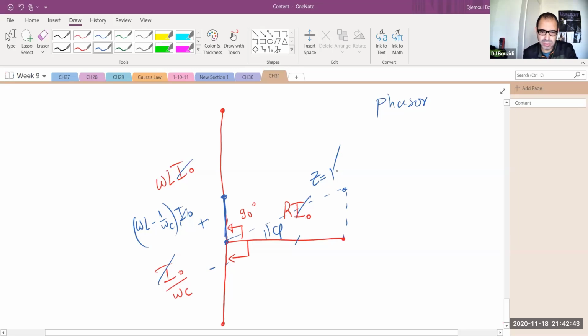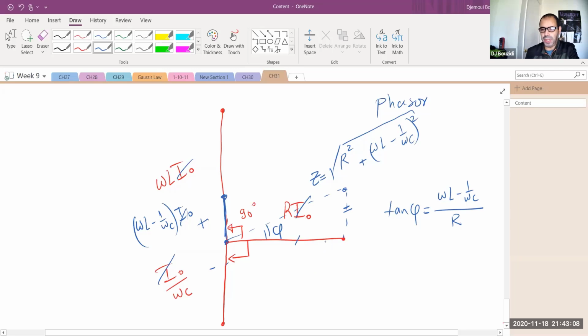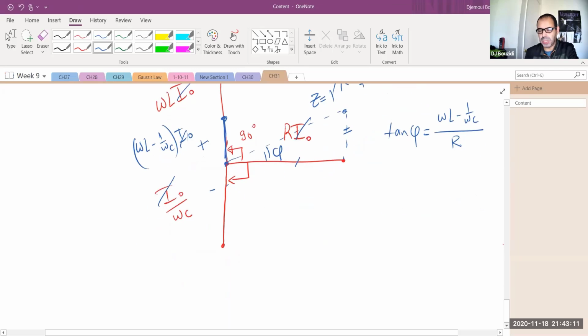The tangent of this phi is simply omega L minus 1 over omega C divided by R, the opposite over the adjacent. Okay? And now this is the whole essence of the phasors method. That is how we solve the circuits here with the phasors.